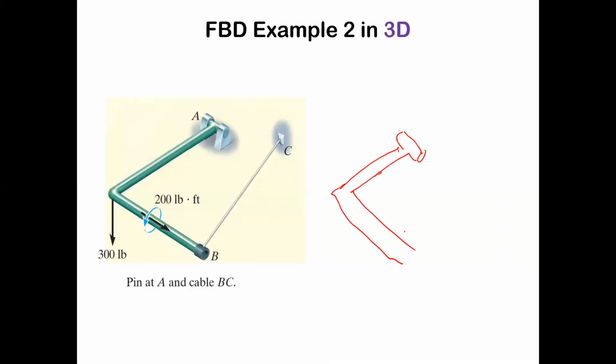Let me get rid of that line. So this guy, the first step is we're going to draw this thing, as best as you can, with whatever artistic ability you bring to the problem.